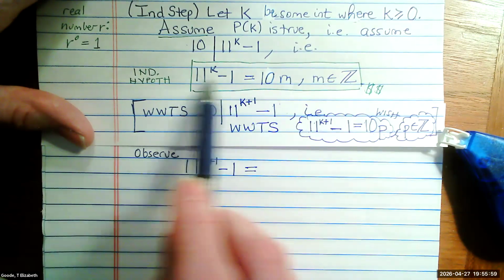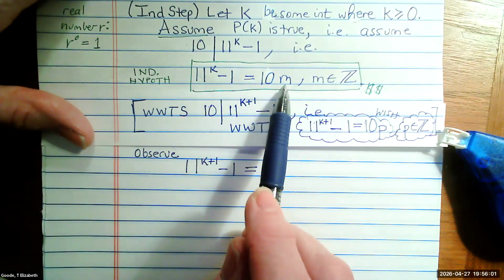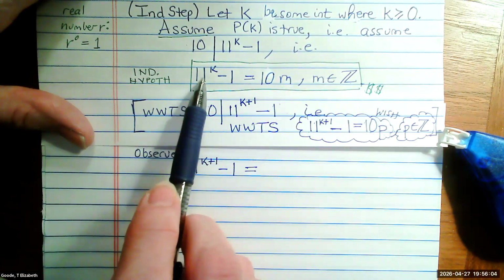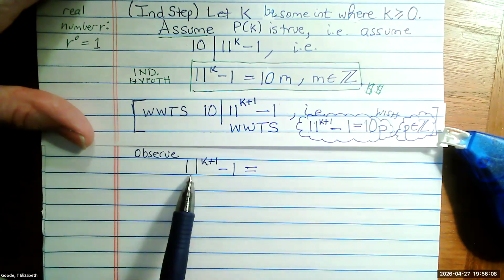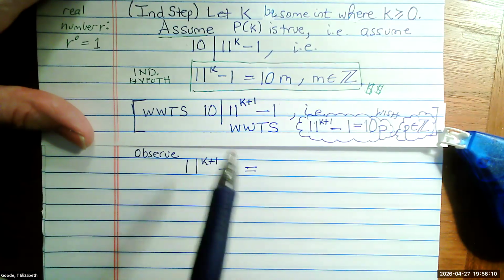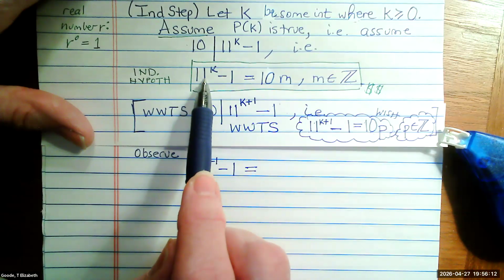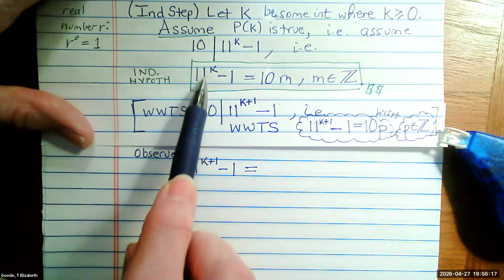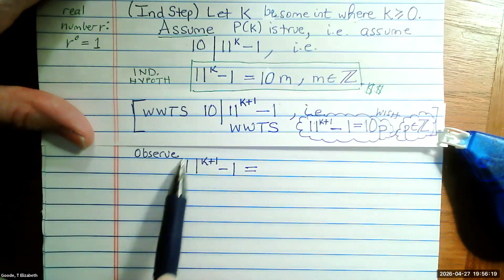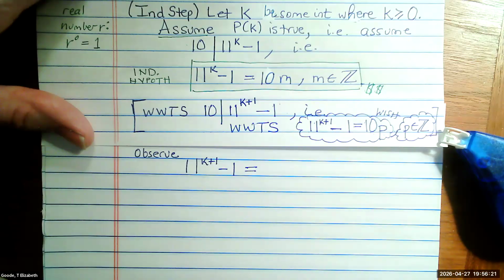We know we want to use this equation. To use it, we just need to see an 11 to the k, just one copy of it, minus 1. So we need to somehow extract an 11 to the k out of 11 to the k plus 1. Do you know how to do that?